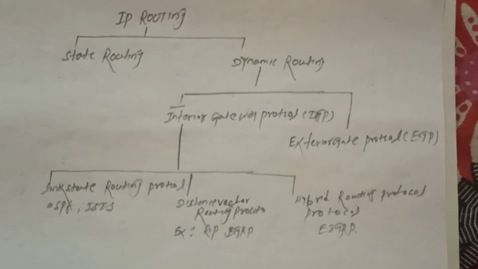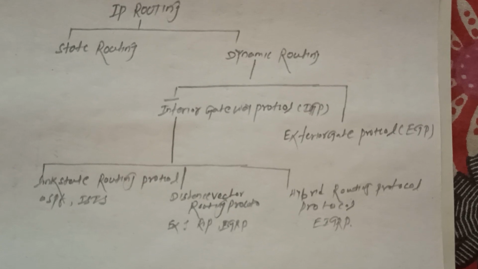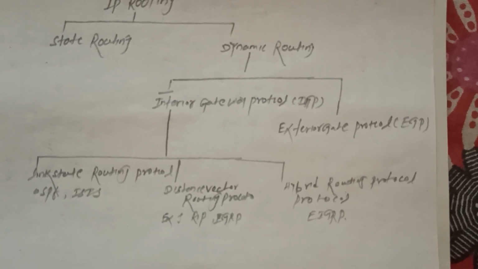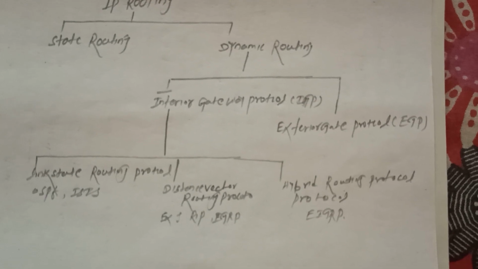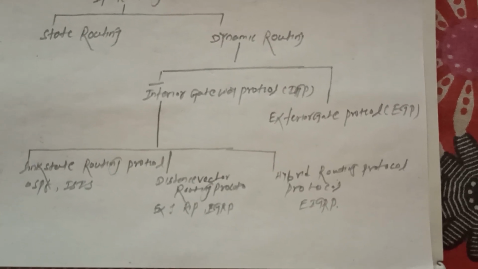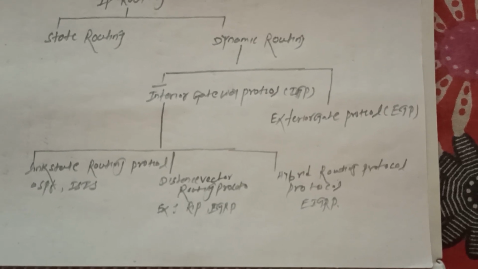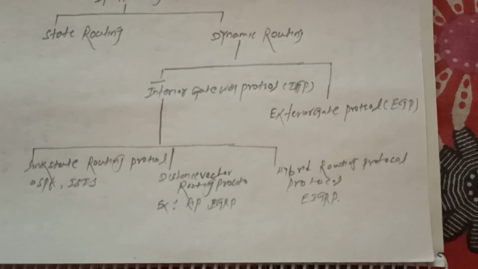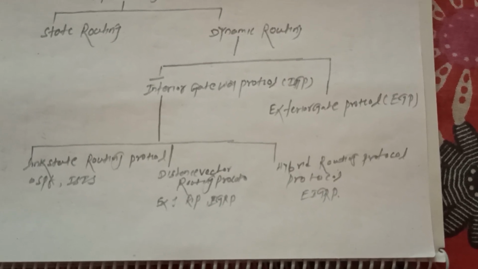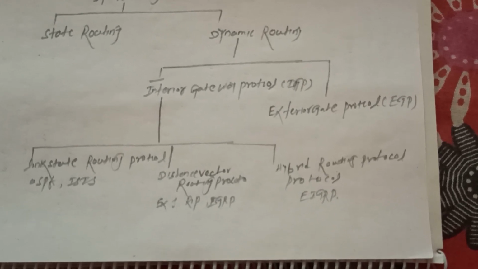IGP is a protocol used for sharing routing updates with other routers in the same autonomous system or the same organization. Whereas exterior gateway protocol is used to share routing updates between different organizations or different autonomous systems. An example of an exterior gateway routing protocol is BGP.